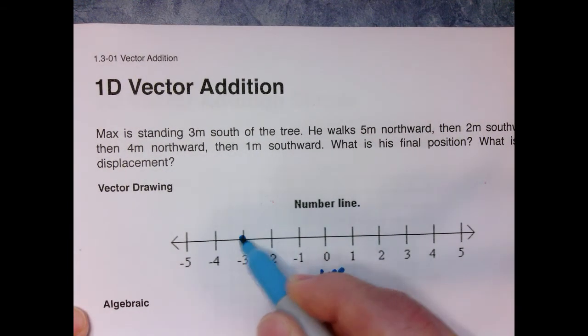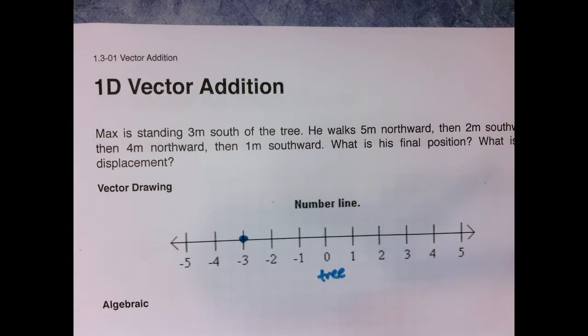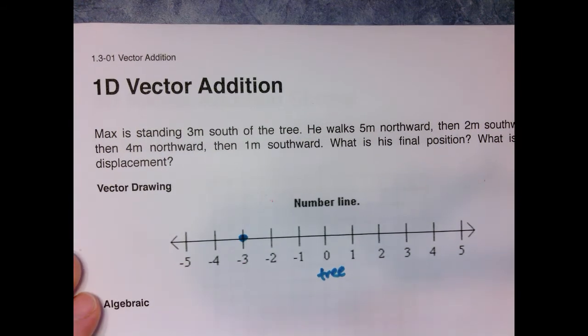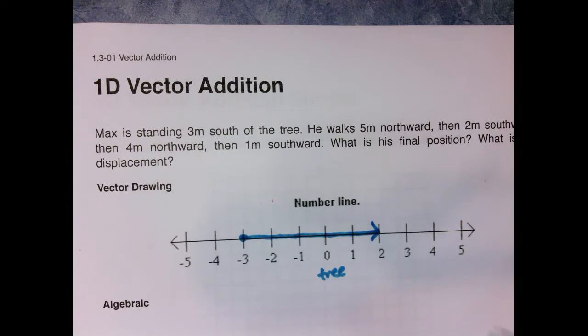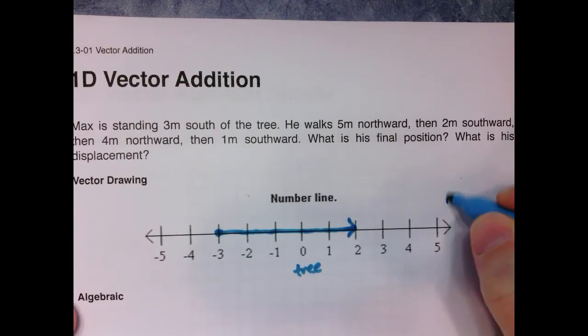And so he is located here, and he walks 5 meters northward. And we even see that 1, 2, 3, 4, 5. In our pictures, it just naturally works that we would draw this as an arrow to scale. So there's a vector, 5 meters northward.